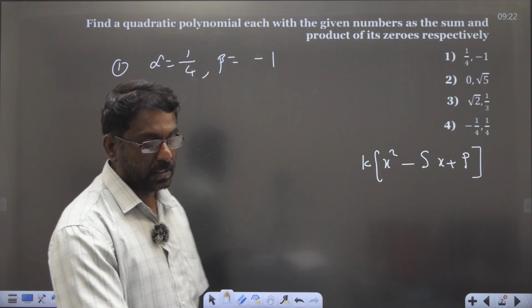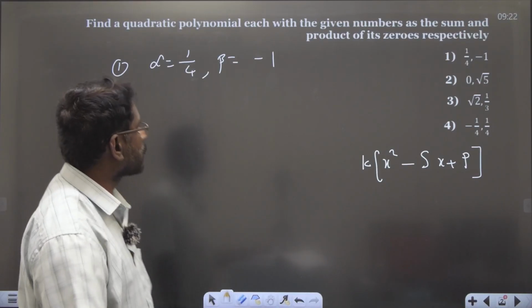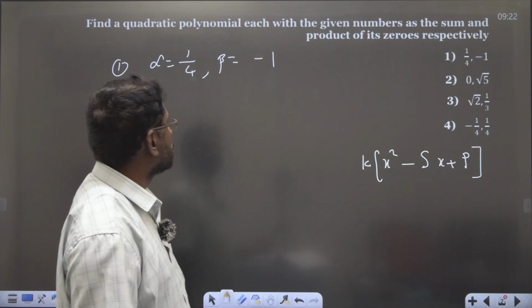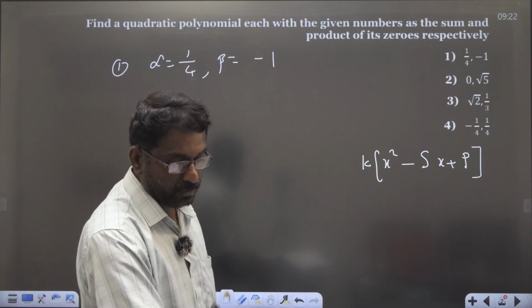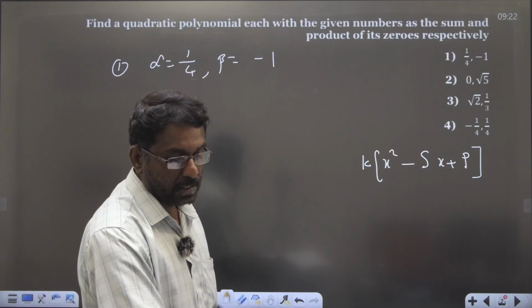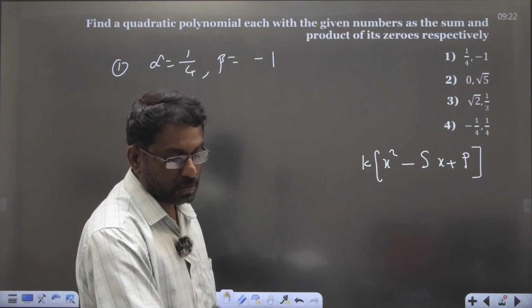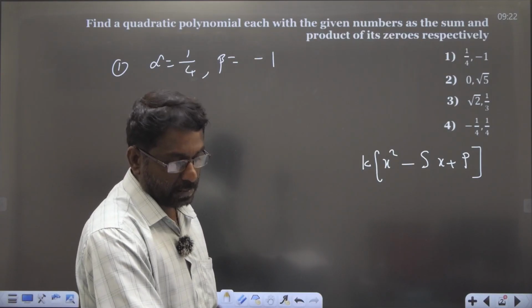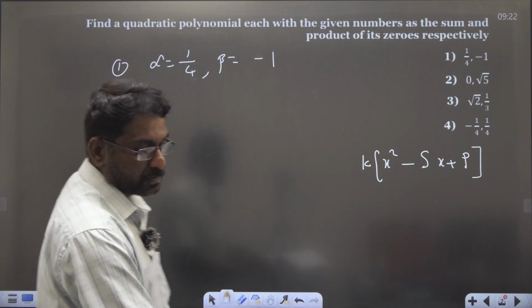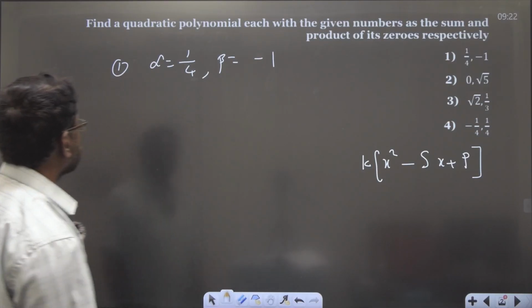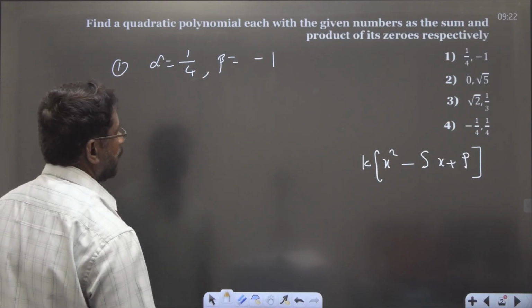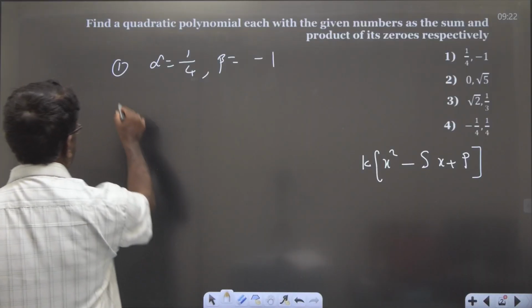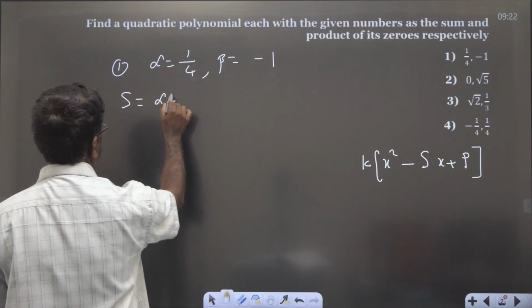Here the given zeros are 1 by 4 and negative 1. So what is k and what is s? S is equal to alpha plus beta.